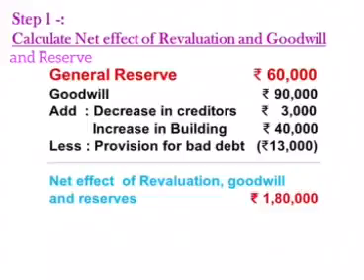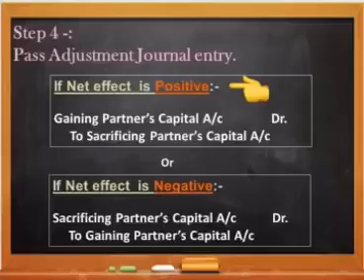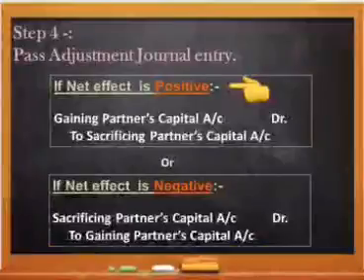So general reserve of 60,000 added, goodwill added, all the benefit of revised value, decrease in creditor, increase in building, subtracted the loss, provision for bad debt, and the net effect of revaluation, goodwill and reserve comes out to be rupees 1,80,000. After that, we will pass a single adjustment entry to record the net effect, that is gaining partner's capital account debit to sacrificing partner's capital account, since the net effect is positive.